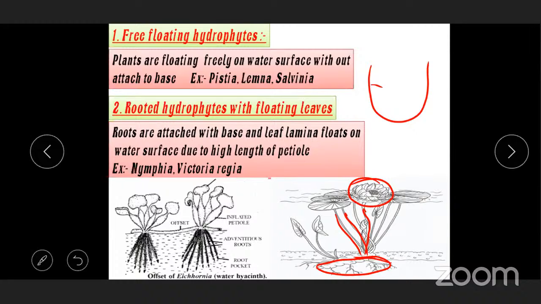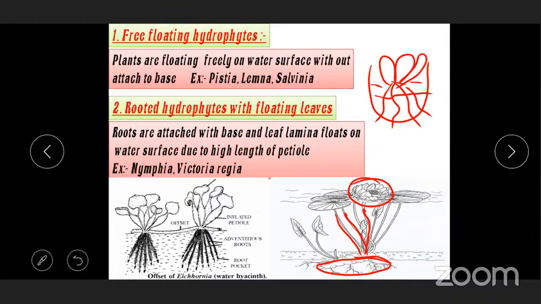For example, imagine this is the water, these are the leaves, but the roots are attaching with the substratum, that means the soil. These are known as rooted hydrophytes with floating leaves. What are the examples?